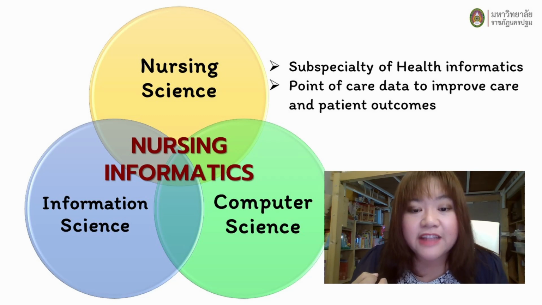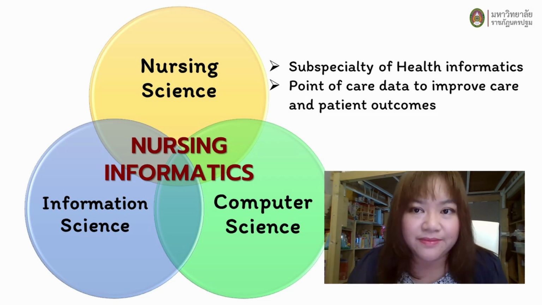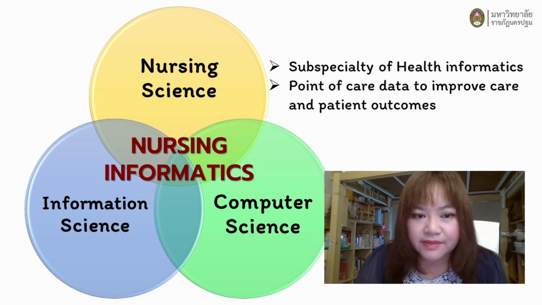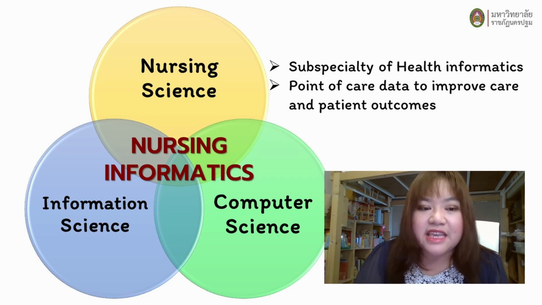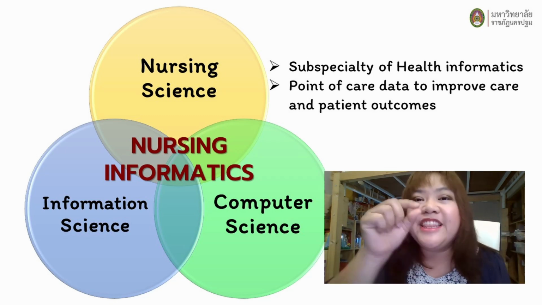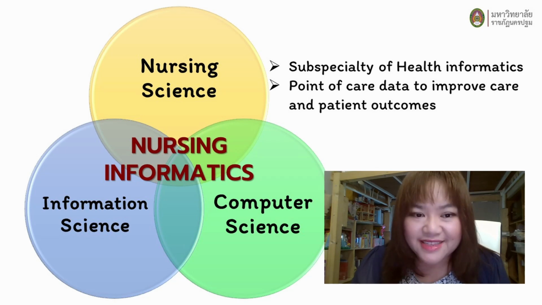This includes their theory, design, development, and application. See, these are three very important keywords that you have to understand first. Look at this: if these three keywords are combined together, in the center of them is nursing informatics.